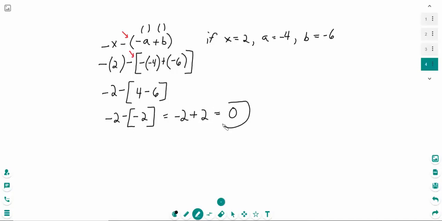So we end up with a 0 as our final answer here. That is the value for this algebraic expression. All right, great. Let's do another one.